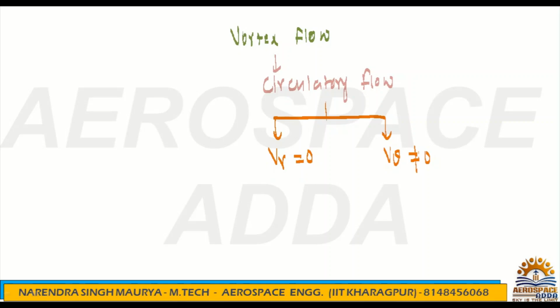This tangential velocity I already proved in my previous lecture, where I explained angular velocity, circulation, vorticity. In the circulation chapter, I explained that the tangential velocity for the circulatory flow is v theta, and this v theta is circulation upon 2 pi r.